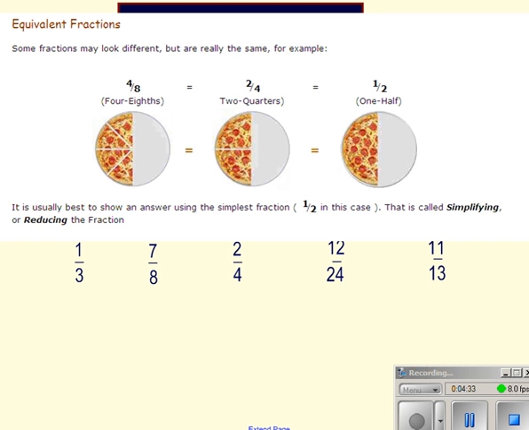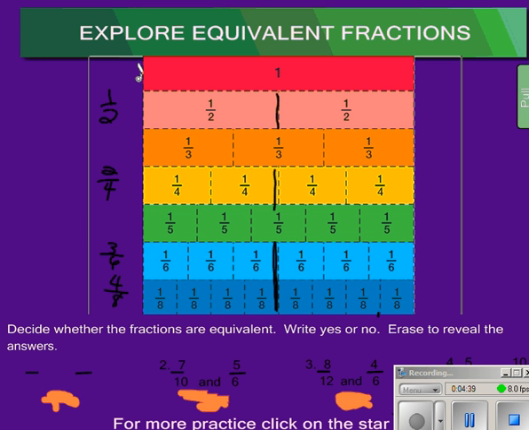When it is in simplest form, it cannot be made smaller, and when they say smaller, we don't mean literally tinier. You're using the smallest possible numerator and denominator to keep the fraction equivalent. So if I have 4/8, this is where people sometimes get stuck. They say, put it in simplest form, make it smaller.